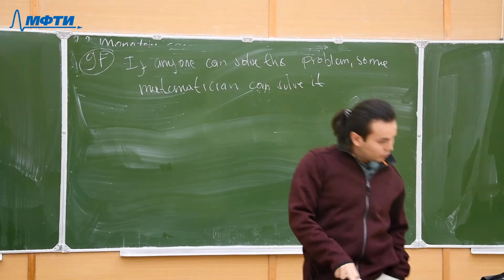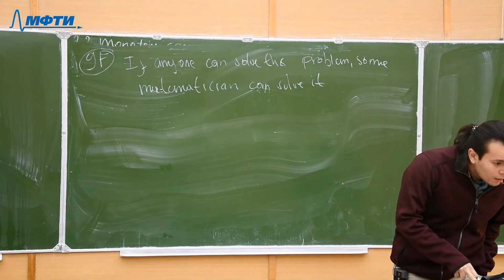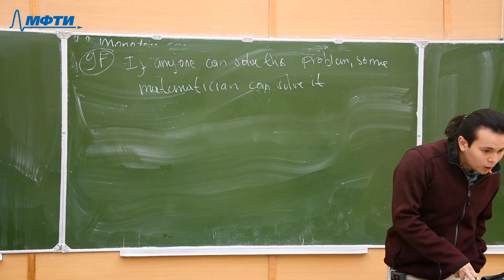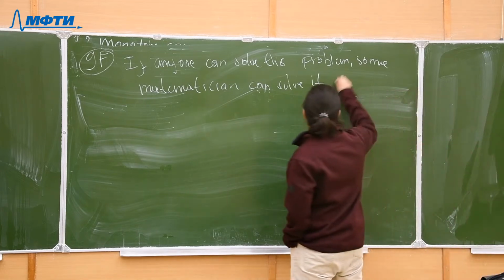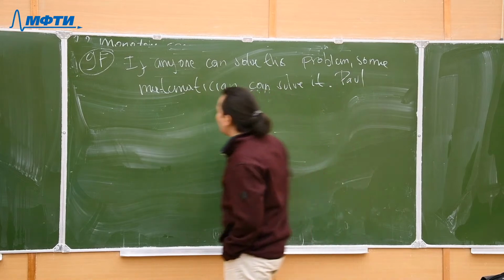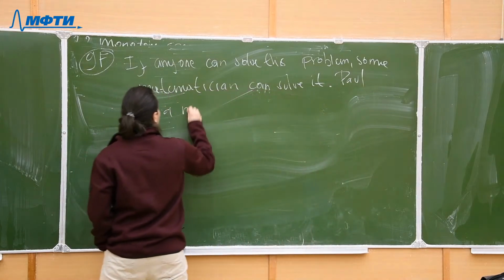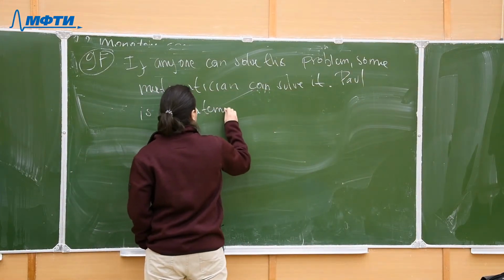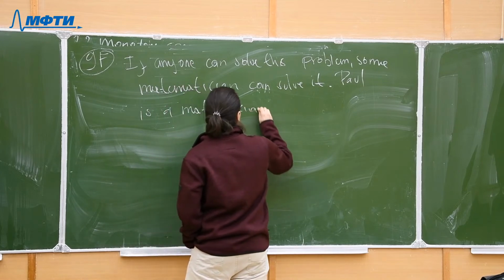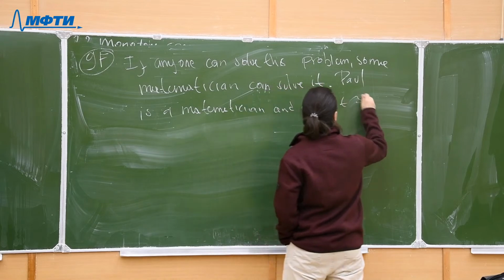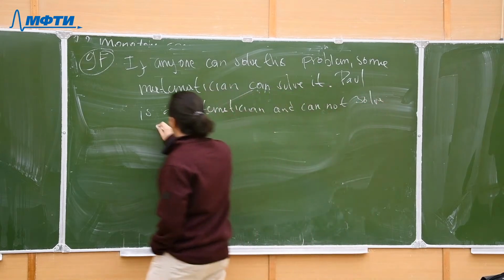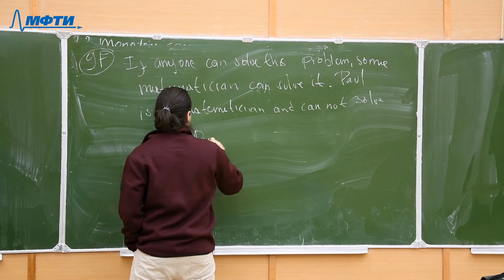Paul is a mathematician and cannot solve the problem.